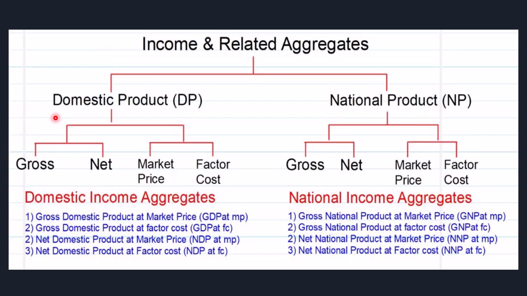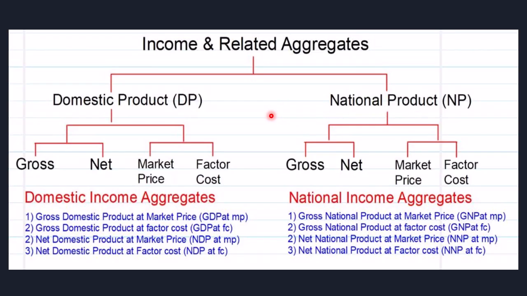They are nothing but they are telling you how much goods and services are produced in an economy in a given year. ठीक है, तो कई बार हम सिर्फ उन गुड्स एंड सर्विसेज को इंक्लूड करते हैं जो डोमेस्टिक टेरिटरी के अंदर प्रोड्यूस हुई हैं, और कई बार हम उन गुड्स एंड सर्विसेज को इंक्लूड करते हैं जो रेजिडेंट्स ने प्रोड्यूस की हैं, whether they are within the domestic territory or they are outside the domestic territory.